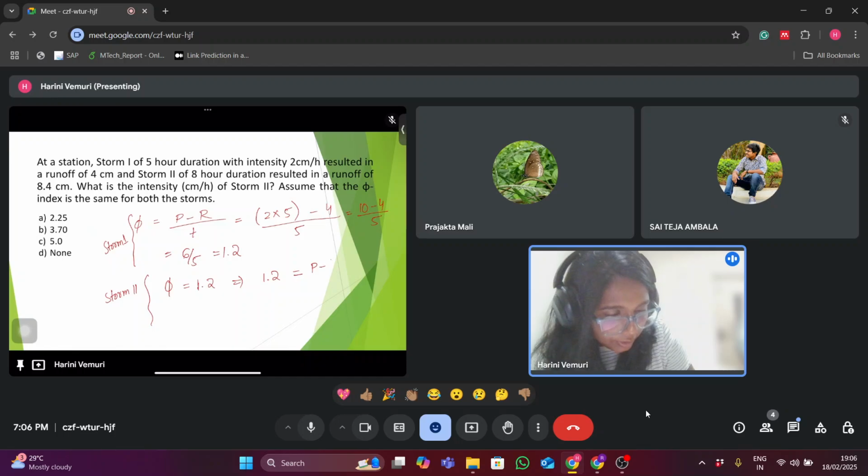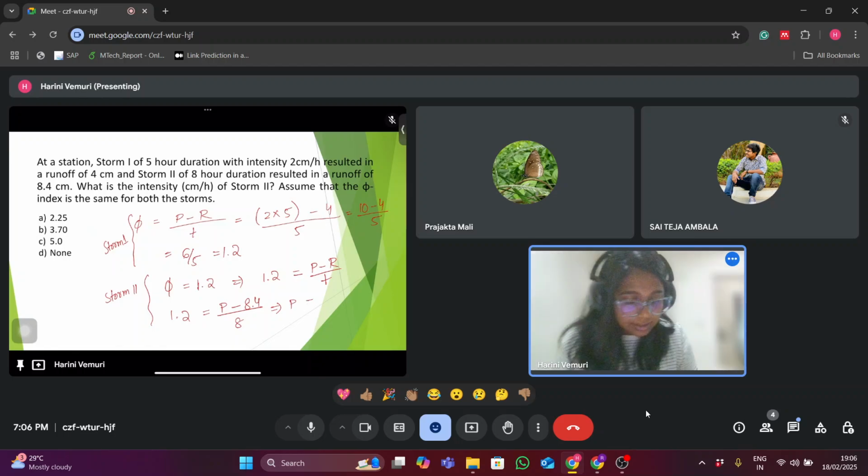So phi index is equal to total precipitation minus total runoff by time, right? We don't know the amount of precipitation, but the runoff is given as 8.4 for second storm and the duration of storm is 8 hours. So from this, the precipitation will be 1.2 into 8 plus 8.4, which is 18 centimeters.